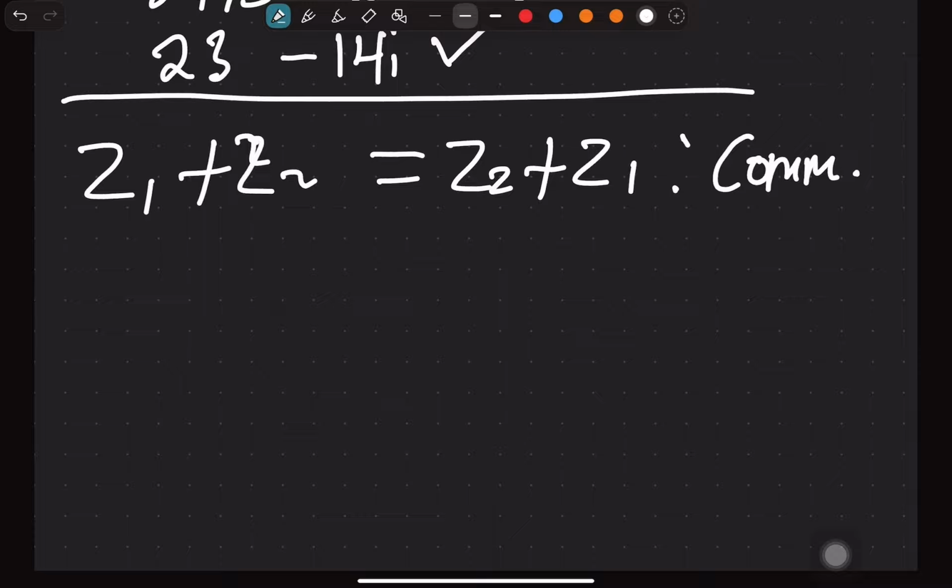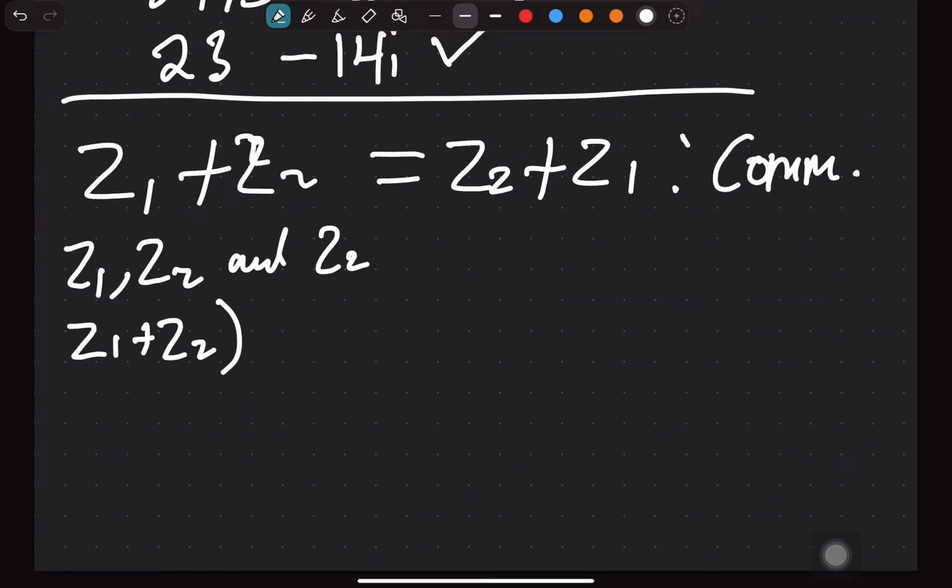So let's take three complex numbers, z1, z2, and z3. In adding these three complex numbers, we can add z1 and z2 first, and then add this result to z3.